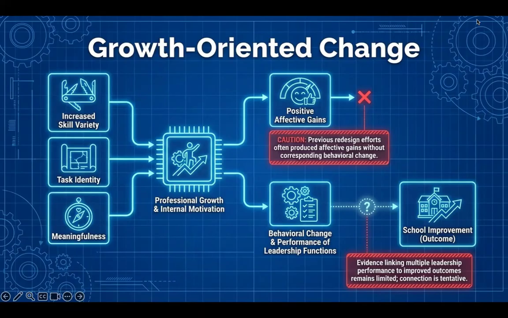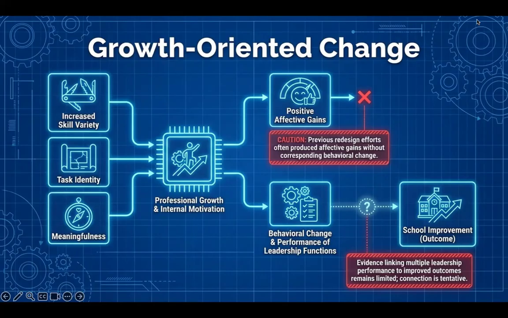They also caution us that previous redesign efforts often produce affective gains without corresponding behavioral change. So what he's basically saying is that in order for you to grow professionally, you must correspond this with your behavior changing. All of this will eventually lead to school improvement outcomes.